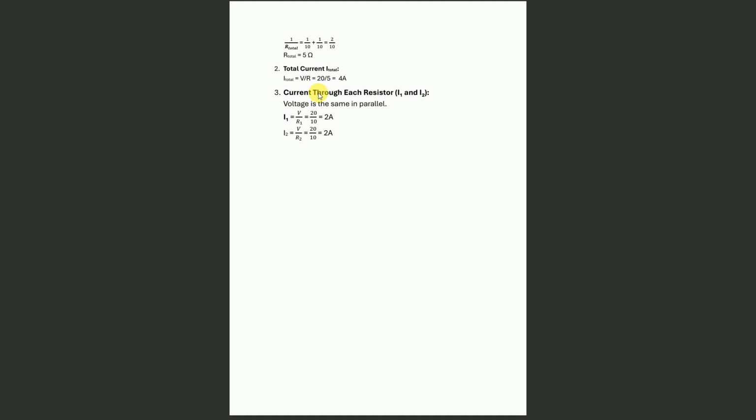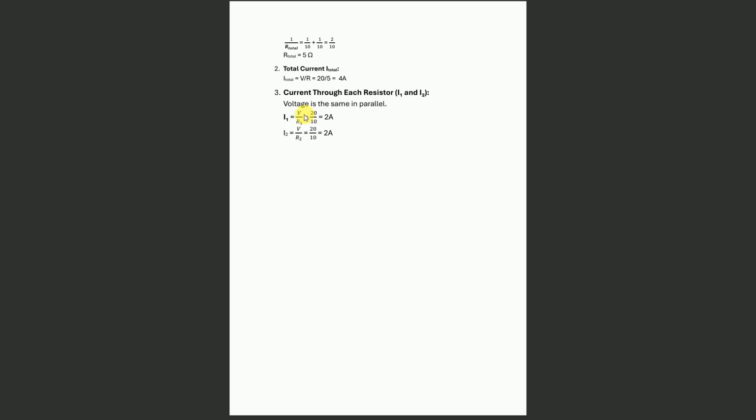Similarly, we also have to find the current flowing through each resistor, I1 and I2. Again by using Ohm's law, we can find the current flowing through each path, and we also know that voltage in a parallel circuit always remains the same. So I1 is equal to V over R1.